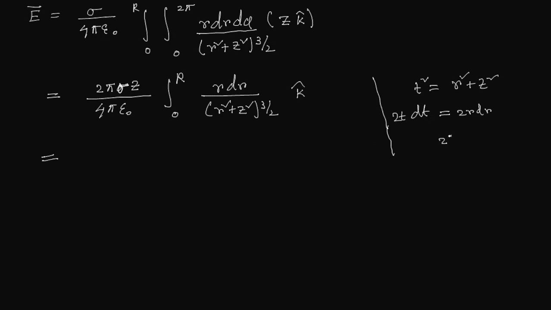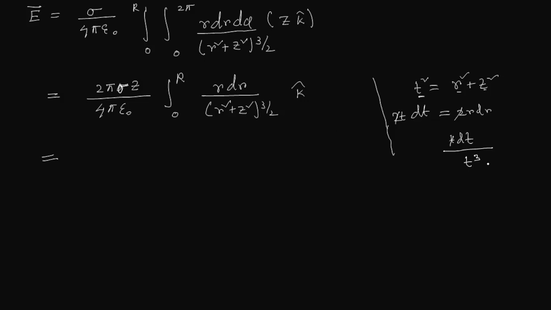You will get 2t, so 2 will cancel out here actually, so t dt divided by this t square, r square plus z square equals t square. When we put it here, it will give actually t cube.